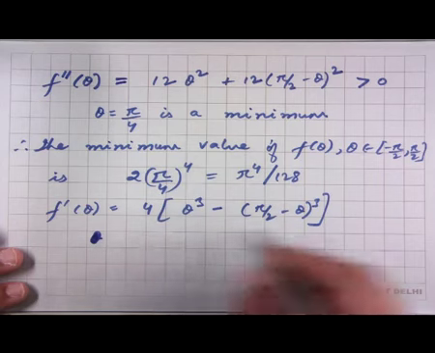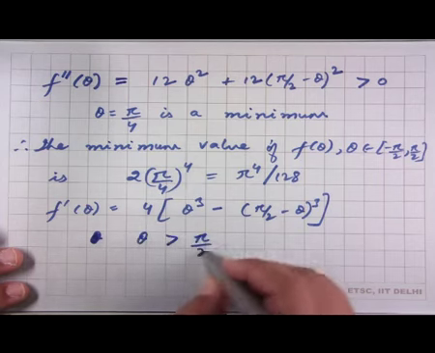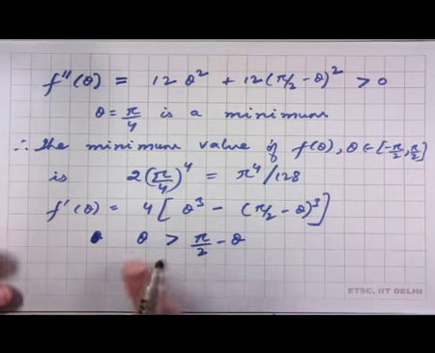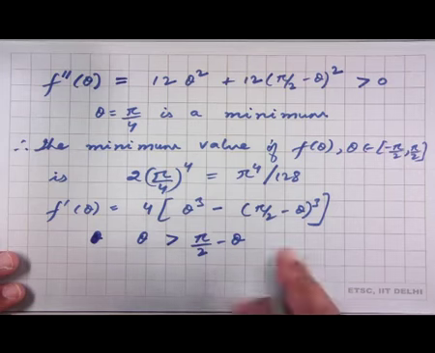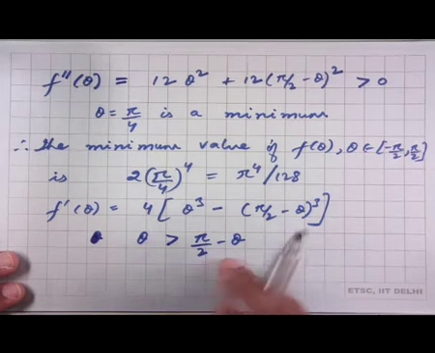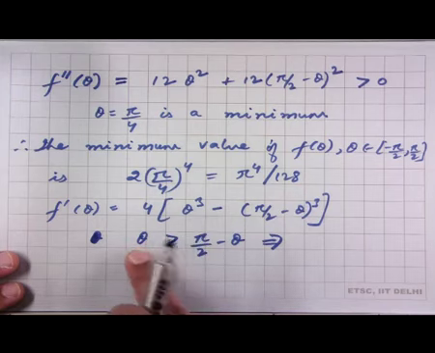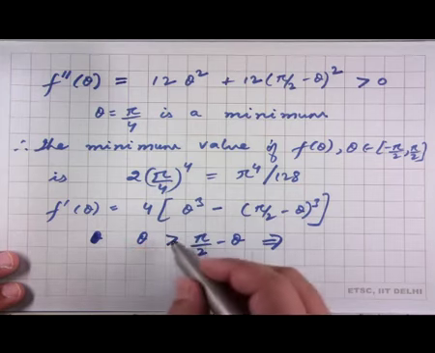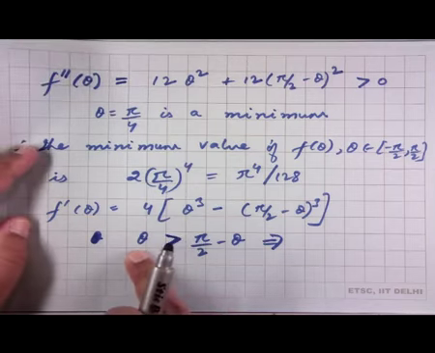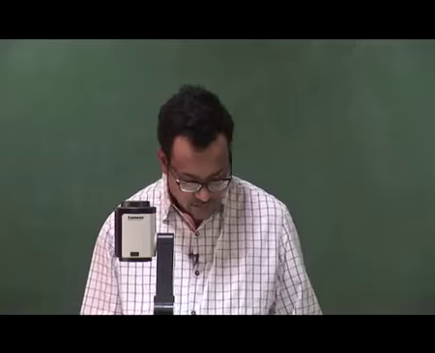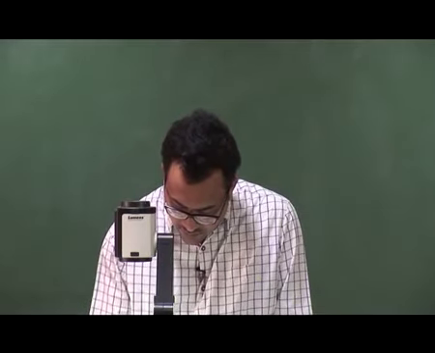When theta is greater than pi by 2 minus theta, it actually depends on the values taken, whether it is positive or negative. So a little graphical plot would actually help us here.